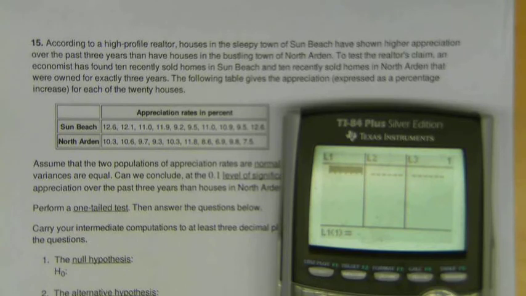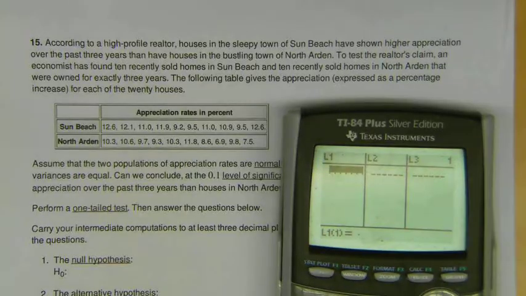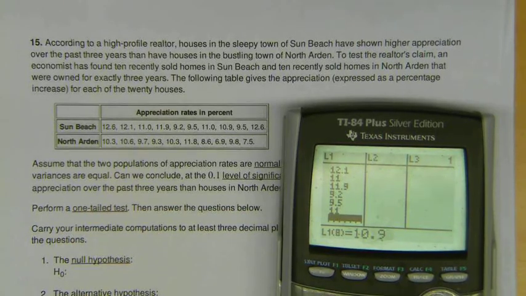So all I'm going to do is enter that data into the calculator real quick. In my list 1, I have 12.6, 12.1, 11, 11.9, 9.2, 9.5, 11, 10.9, 9.5, and 12.6.